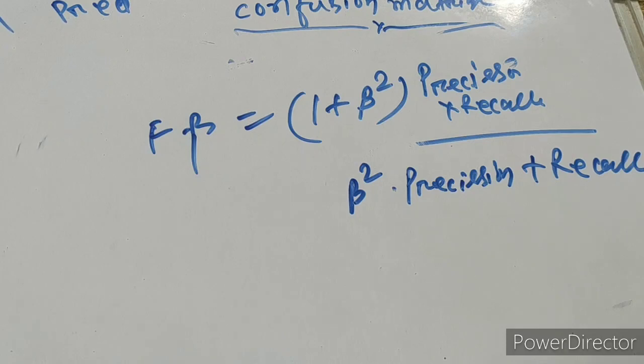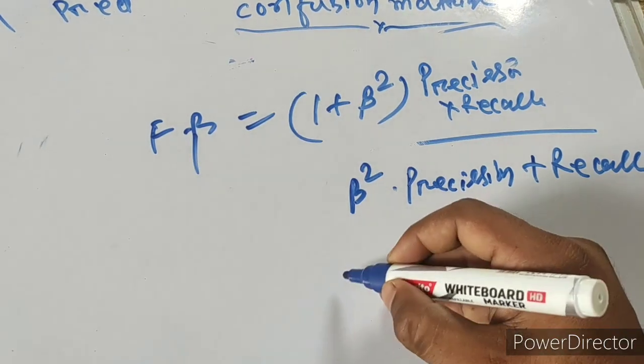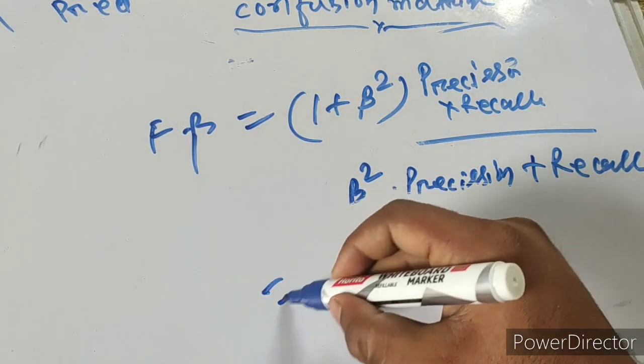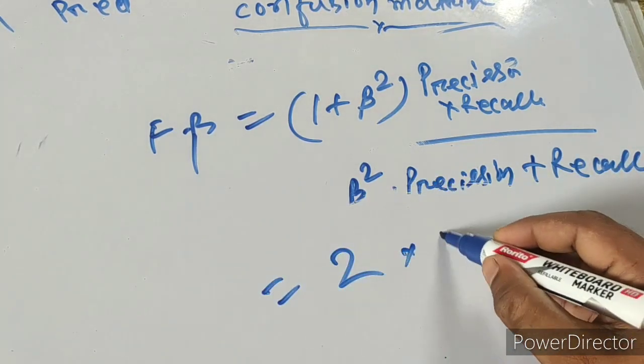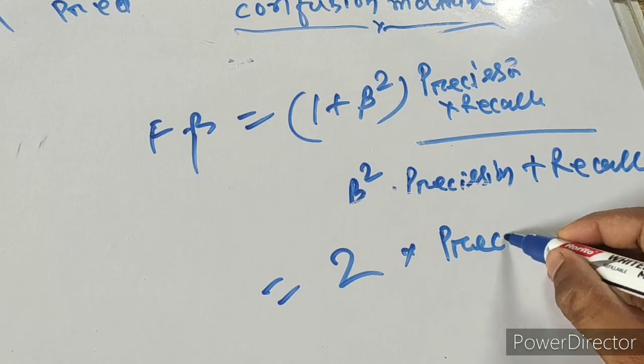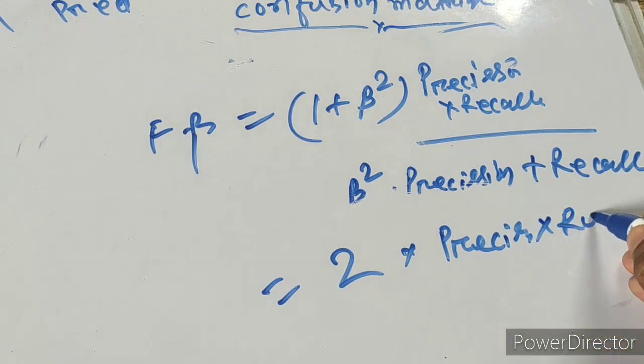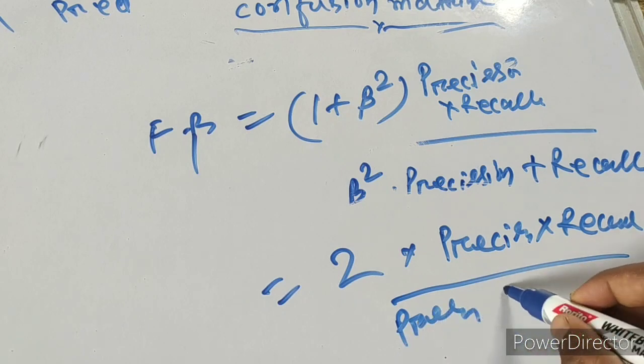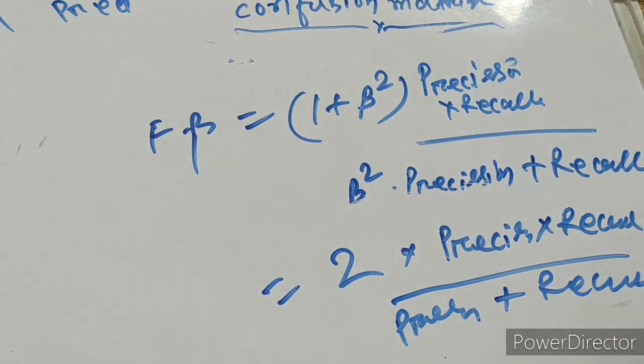Here, if we are giving beta value equal to 1, it will be simply 2 into precision into recall divided by precision plus recall. So this will be the formula.